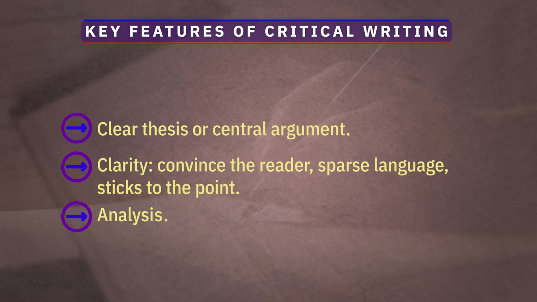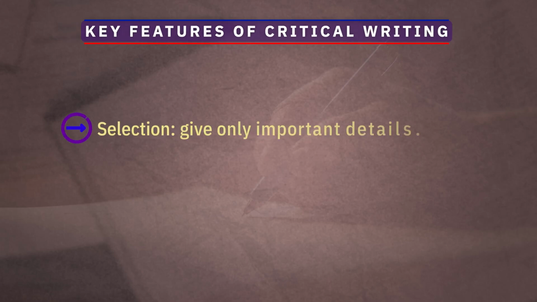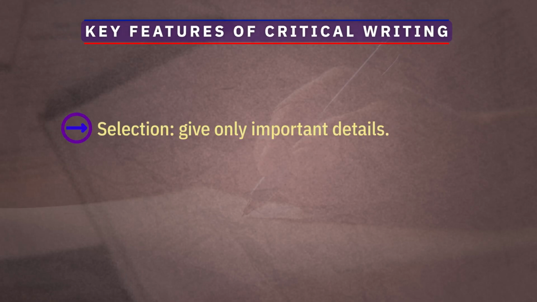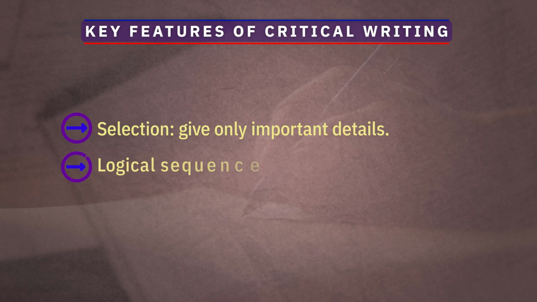Also, critical writing depends on analysis. There has to be a section which analyzes the subject or the text. And in analysis, it is important that the student selects important points only and forms a logical progression or a logical sequence of ideas.